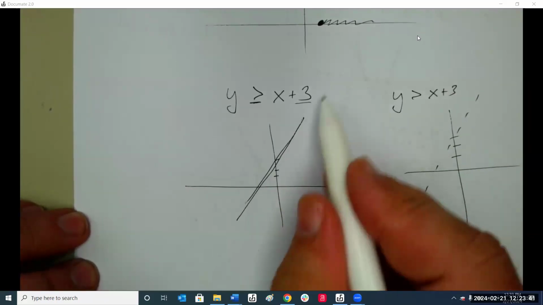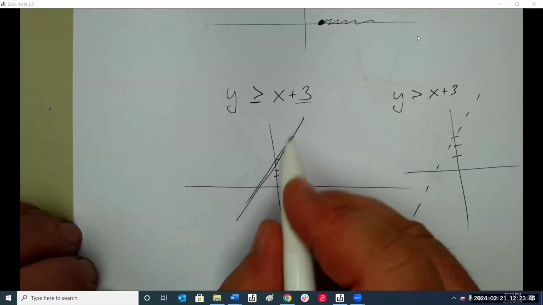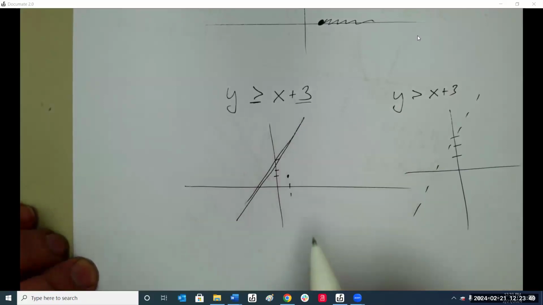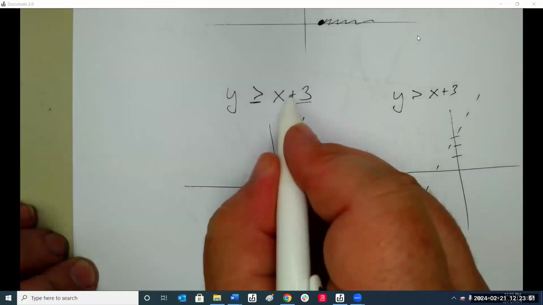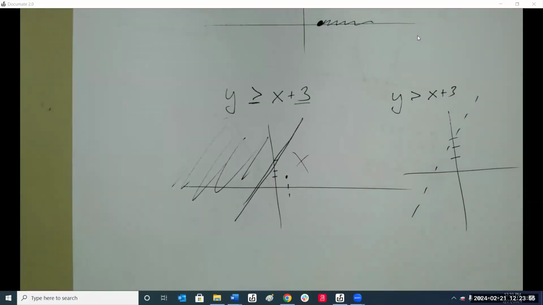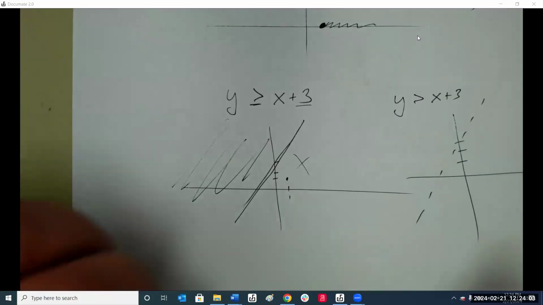This one, we can use the points on. And then we pick a point that's not on the graph, (1, 1), and plug it in there. Is 1 greater than 4? Nope, so it's over here. So yeah, the only difference is the line you draw. With linear equations, it's pretty easy.